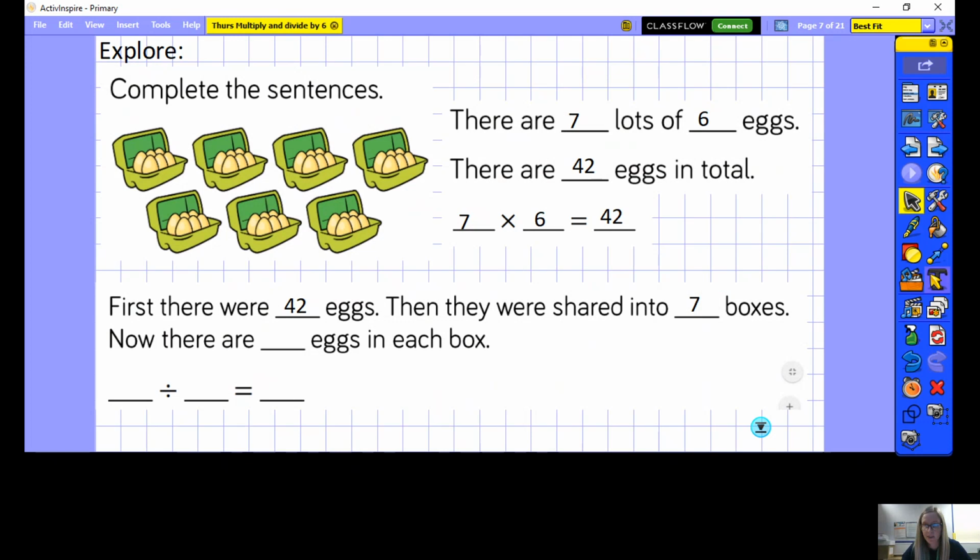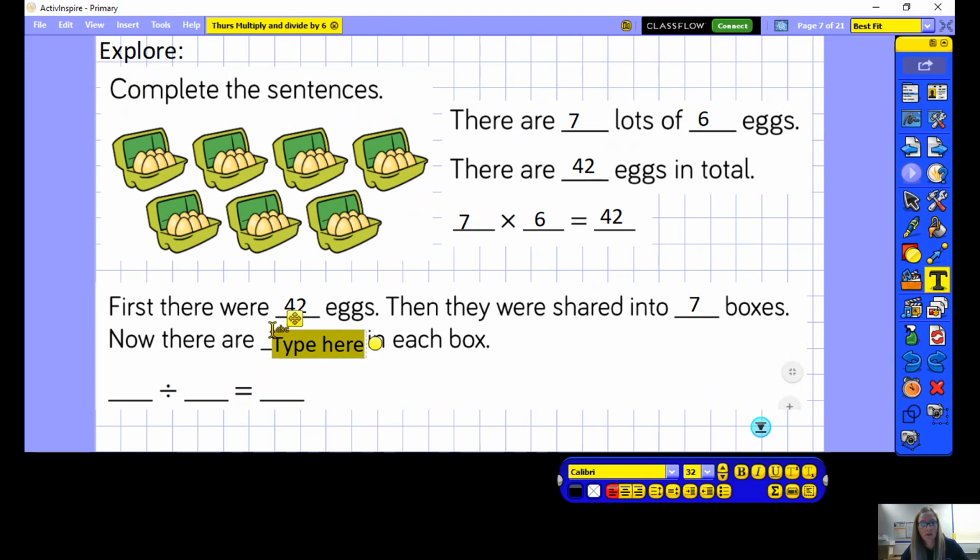Well, there were 6 in each box. So now we can write this as our division. So we've got 42 divided by 7 equals 6. And that's how our division question would look.